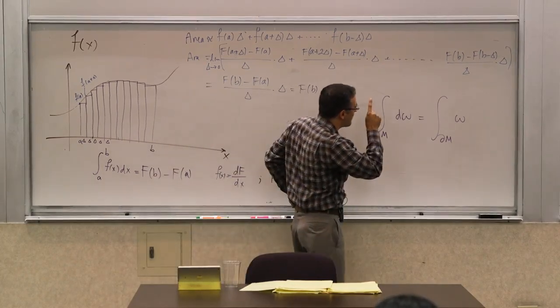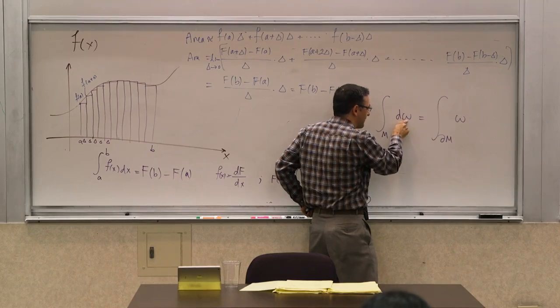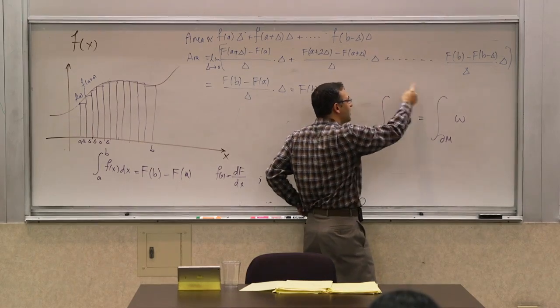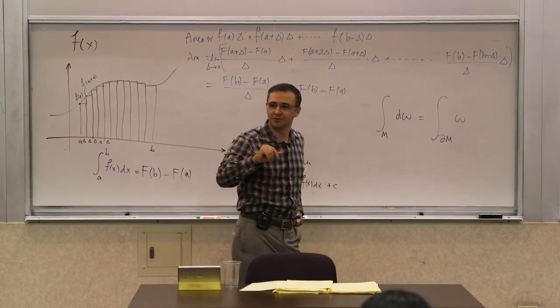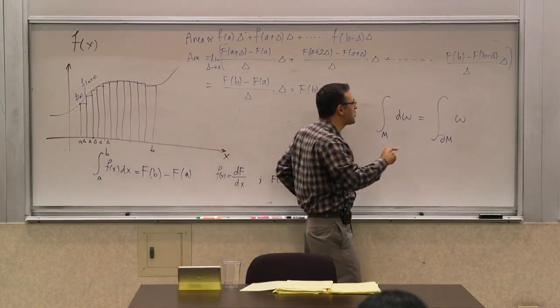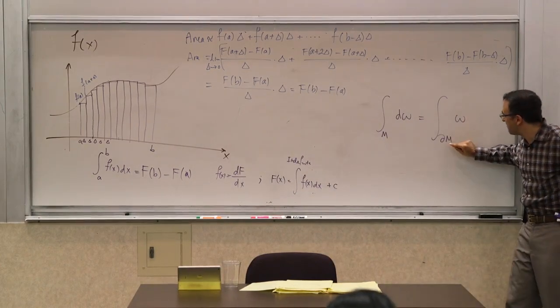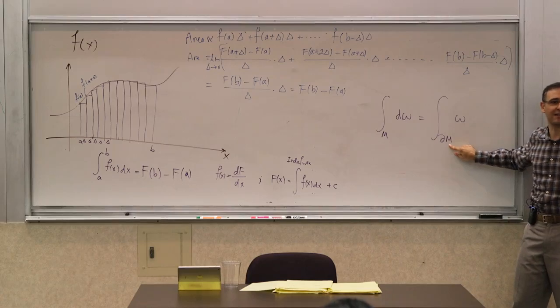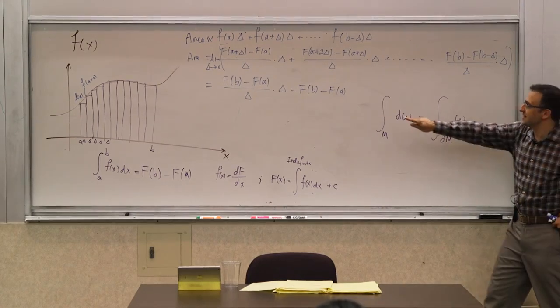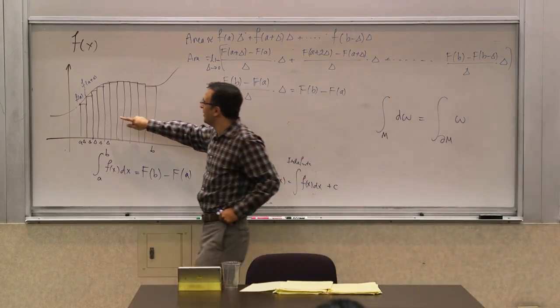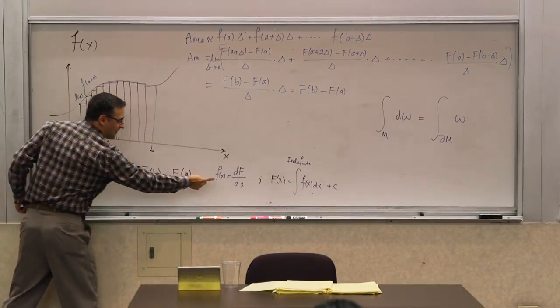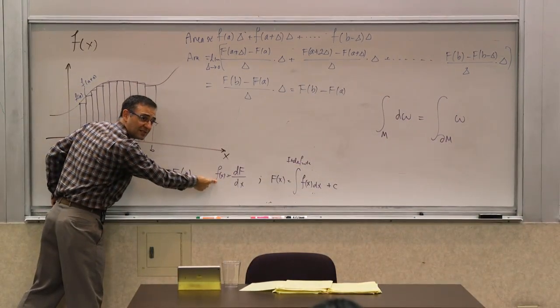It says the integral of the derivative over the volume of a manifold is equal to the integral of the function on the boundaries of that. So now, the first example is this. The integral of the derivative, which is this f of x, lowercase f is the derivative, right?